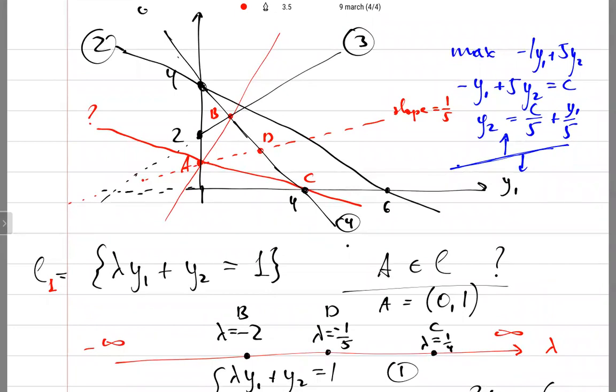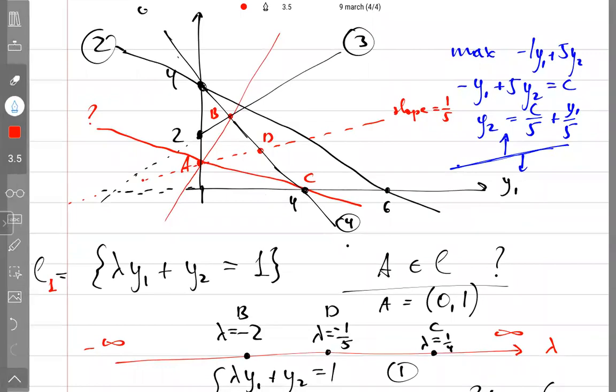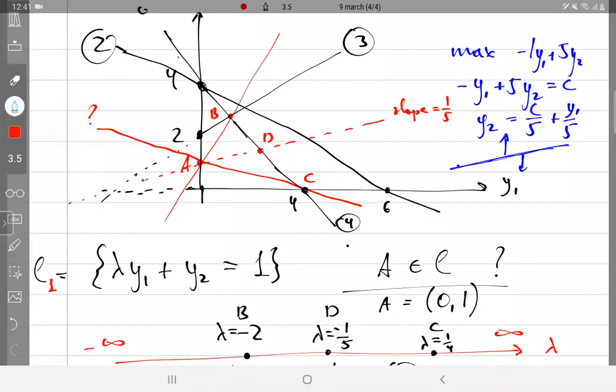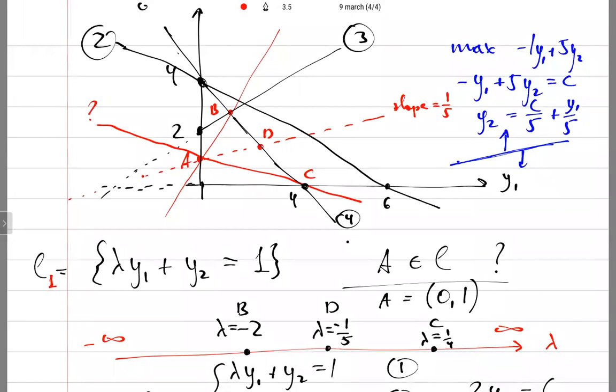Let's start with minus infinity. So if lambda is minus infinity, then I have a very, very positive curve. That is before the case B. I have a line like that.